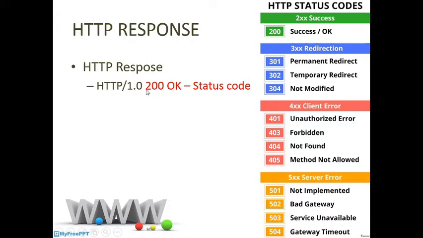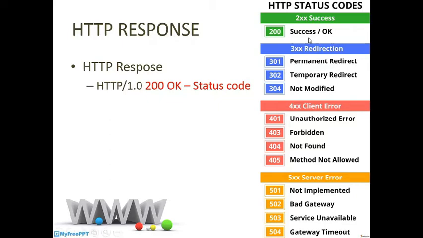Then 200 is the status code. And what does that status indicate? It indicates the response status, whether it got executed successfully, or any error is there, or any unauthorized error is there, or whether that page is found or not. So these are the different types of status codes.